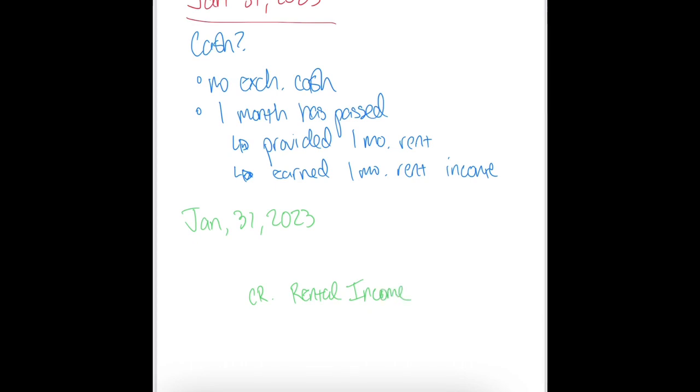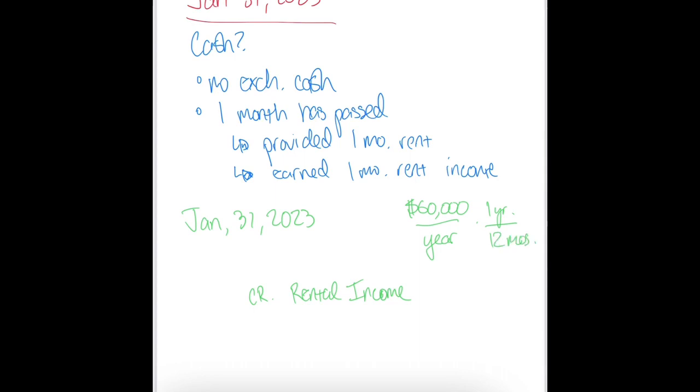What is that amount? Well, I know it can't be the entire 60,000 because the entire 60,000 was good for that entire year. So how much would we recognize after 1 month? Well, we could do some math here. I know if it was $60,000 for a full year, and I know for every year, 12 months, right?